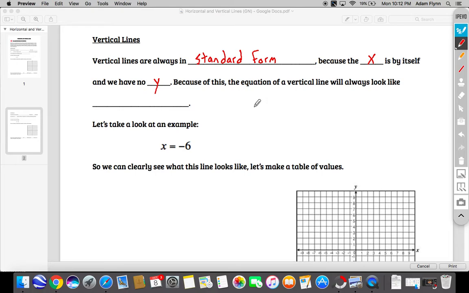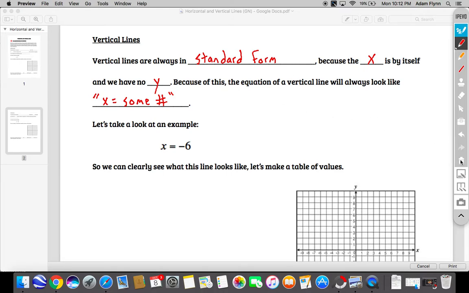Because of this, the equation of a vertical line will always look like x equals some number. Okay? Pause the video if you need more time.